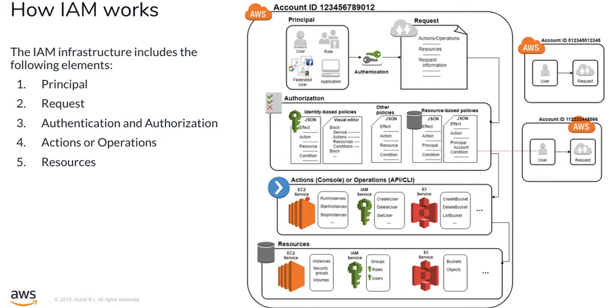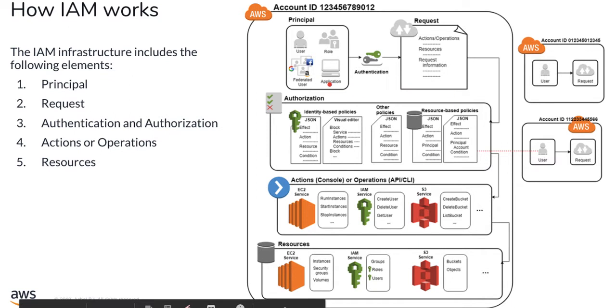For example, for the EC2 service alone, there are more than 40 actions available. So each service would have its own set of actions. Once the action is matched, the resource request can be for an instance, it can be for a volume, it can be any kind of resource that is available.